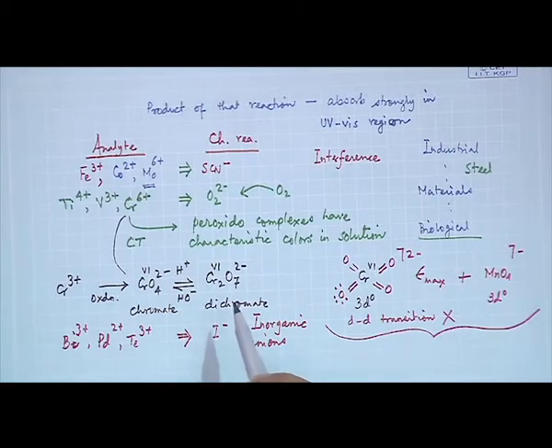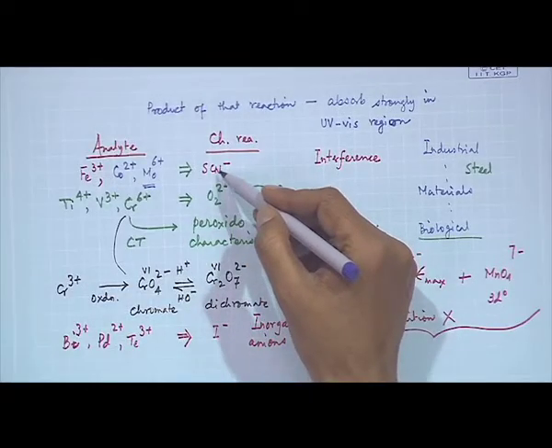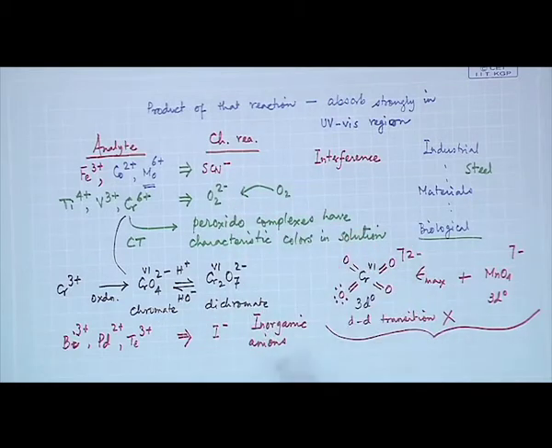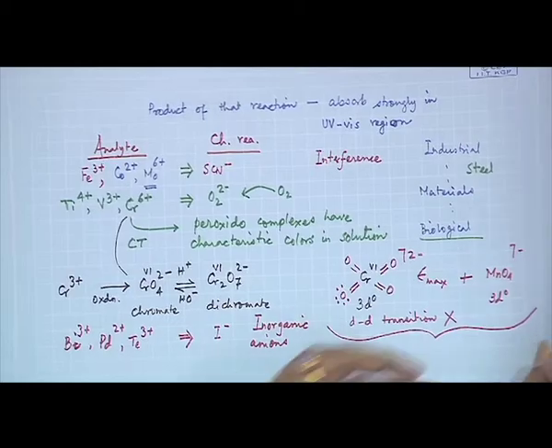Just now I mentioned that aluminum can be detected by a species which is alizarin, and in all these cases, your thiocyanate, your peroxide and your iodide are all inorganic anions. Now, we will move to some reagents which are a typical organic molecule, very useful for some other type of analysis we have seen earlier.